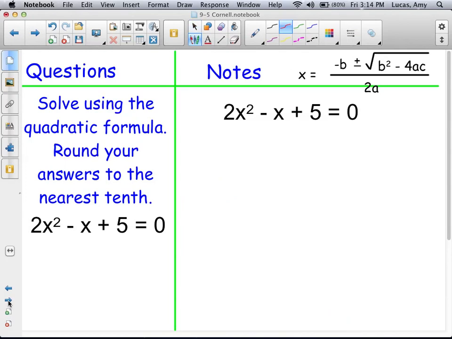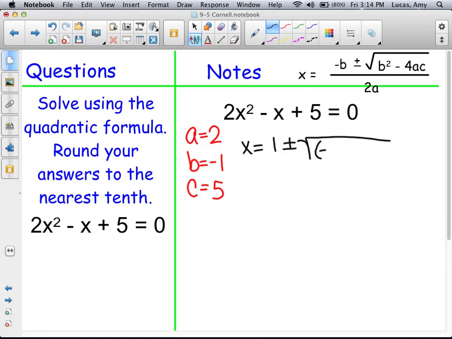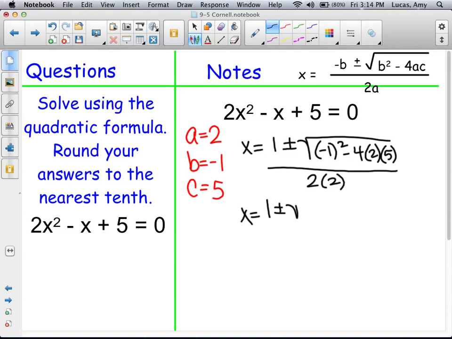Our last example for today, A equals 2, B is negative 1, and C is 5. X equals the opposite of B, plus or minus the square root, B squared, minus 4 times A times C, all over 2 times A. So under my square root, negative 1 squared is 1.